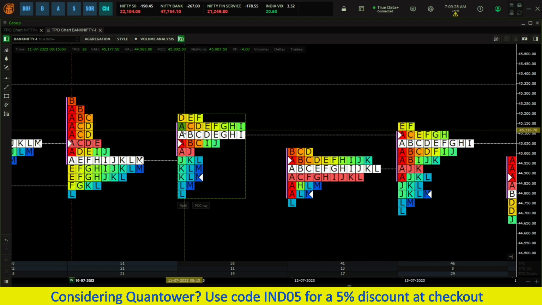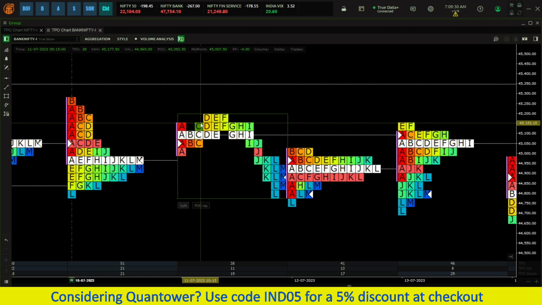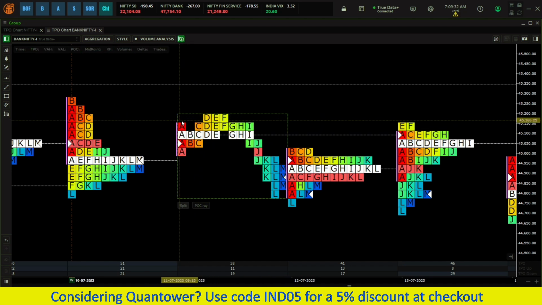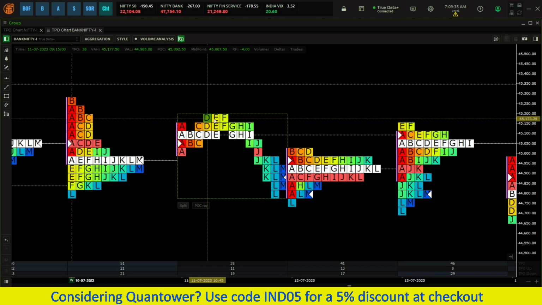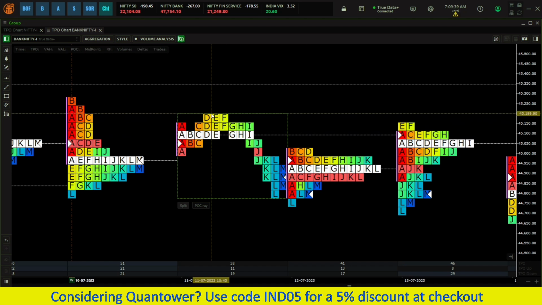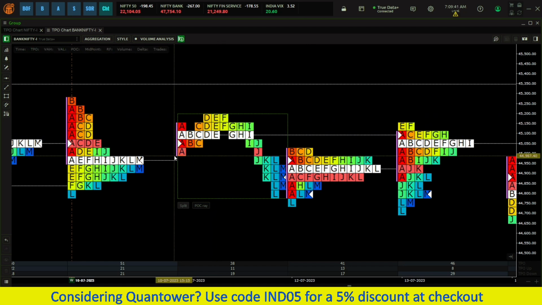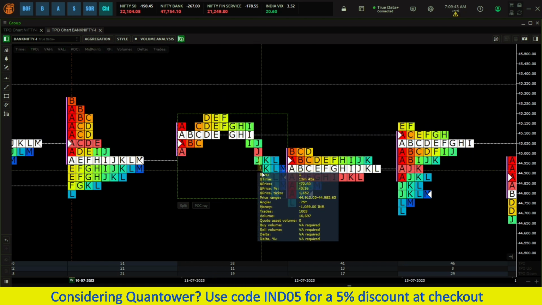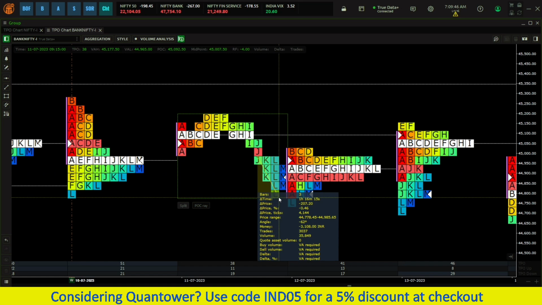So this is the perfect example for that. If you see in the D period, it tried to break out of the IB, and eventually they came back due to the smart money pushing back into the IB range, and thereafter we got a breakout in J period and we got a continuation to this.